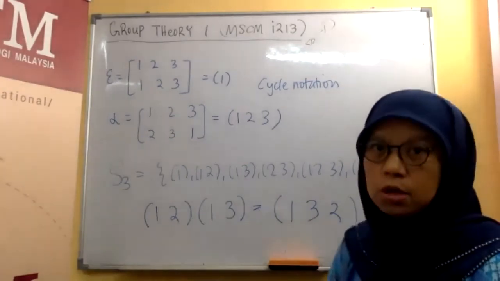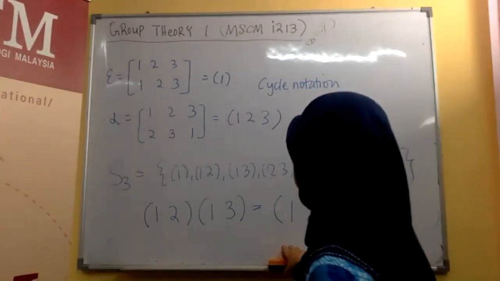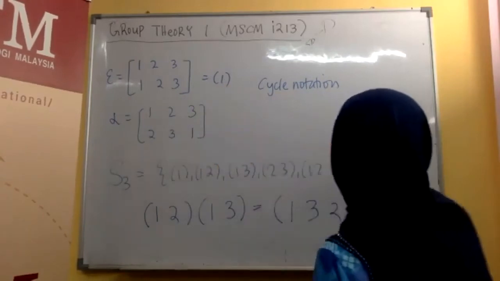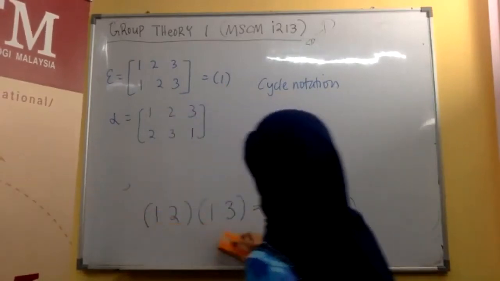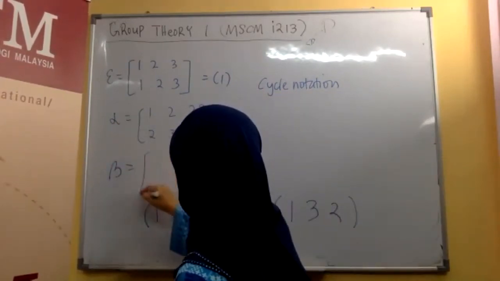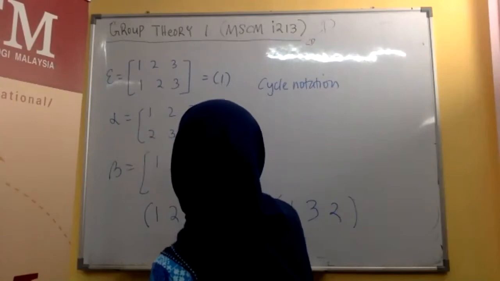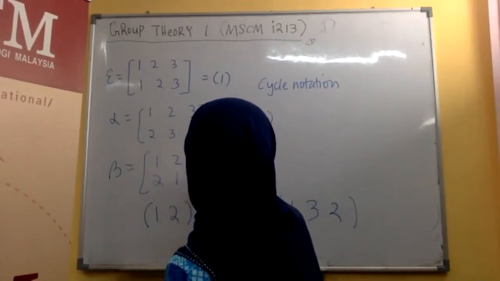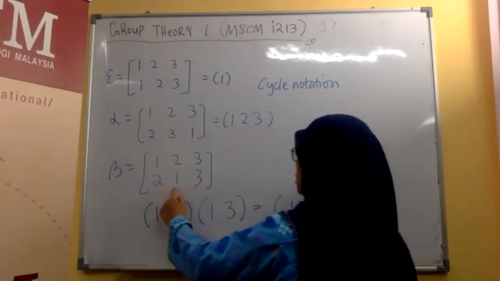Then you have to try and redo this. Suppose you want to multiply using this notation. Suppose your beta is, just now this is 1, 2, 3, right? Suppose 3 is fixed. This is 1, 2.